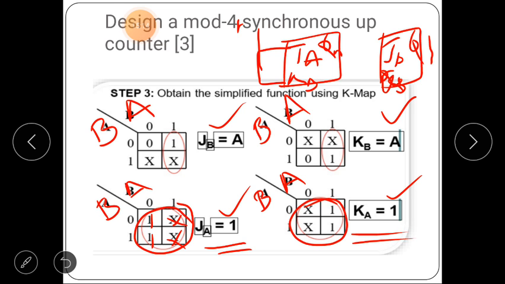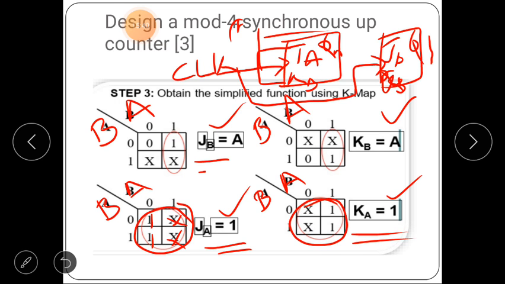It is a synchronous counter, so a single clock pulse is given to both flip-flops. The first flip-flop has J and K values of 1. Then what is the value of JB and KB? Its value is A, which means the output of QA.